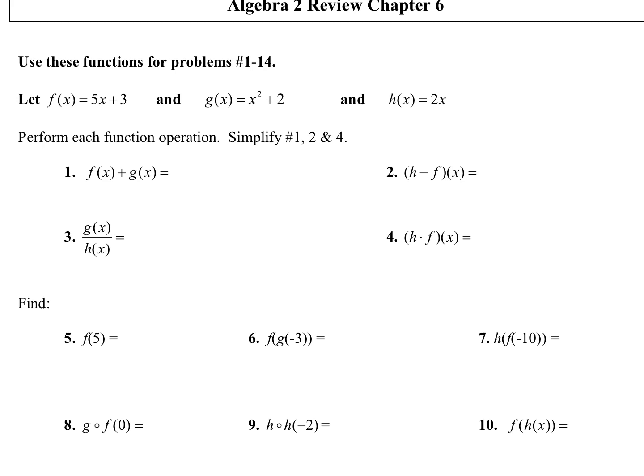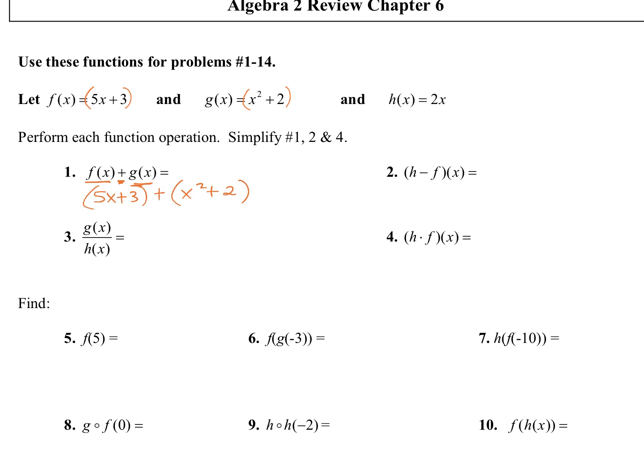So first one says take f of x and add g of x to it. So you're just taking those two functions, f of x and g of x, and adding them together. 5x plus 3 plus x squared plus 2, okay? When we do that, what's your first term in your final answer? What's going to come first?